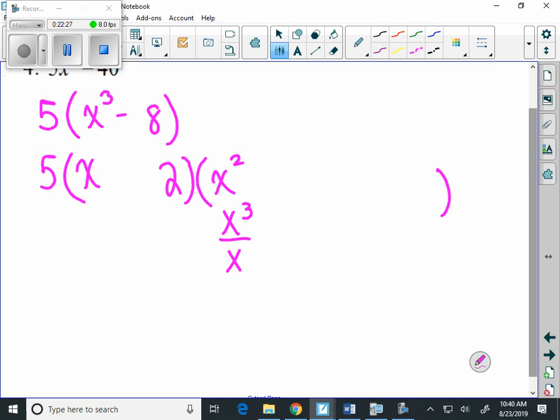At the end, we're going to take 8 divided by 2. Well, 8 divided by 2 is 4. And what's going to go in the middle of our big parentheses is coming from our little parentheses, which is x times 2. We like to write the number first, so this is going to be 2x.